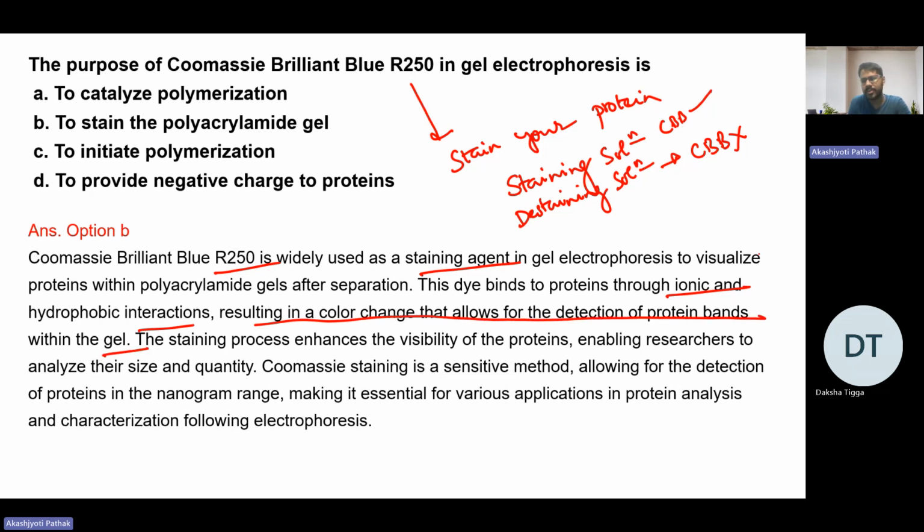So remember this. It forms ionic and hydrophobic interactions with the protein. As a result, it does not get removed. So even when you add the destaining solution, your protein band will not be removed, while the extra stain that is there will get removed. And it will allow you to detect the protein band.